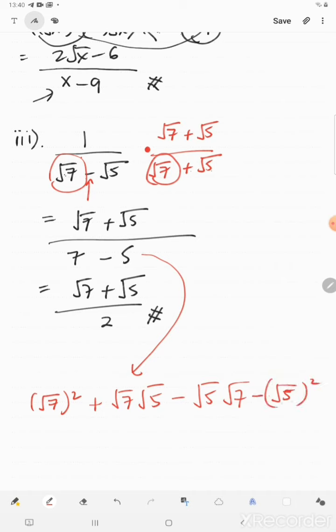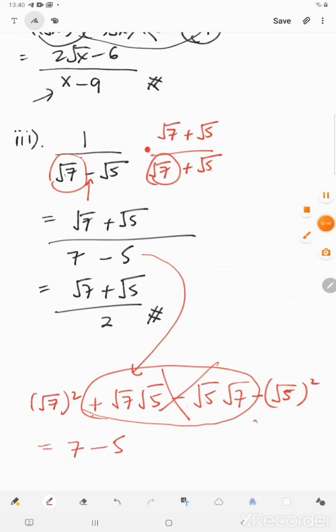Okay, inilah. So nampak tak, ini satu positif and satu lagi negatif. So yang dekat tengah ni dah terhapus, dah tak ada, sebab satu positif, satu lagi negatif. So yang tinggal jawapan akhir adalah 7 minus 5. Alright, so I hope you understand. Okay, thank you.